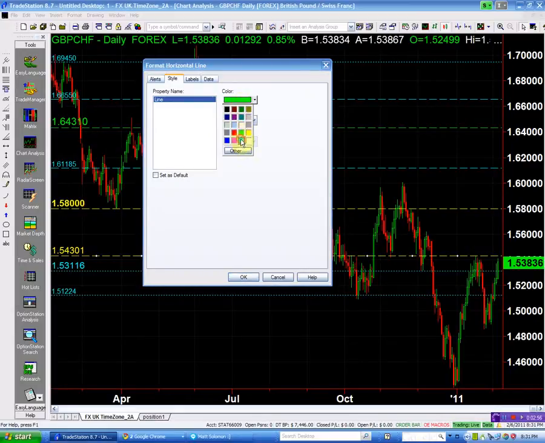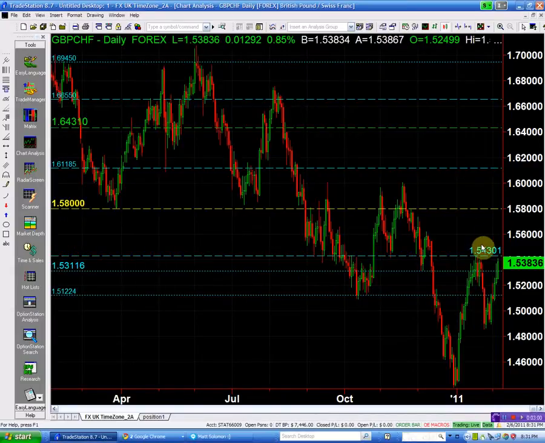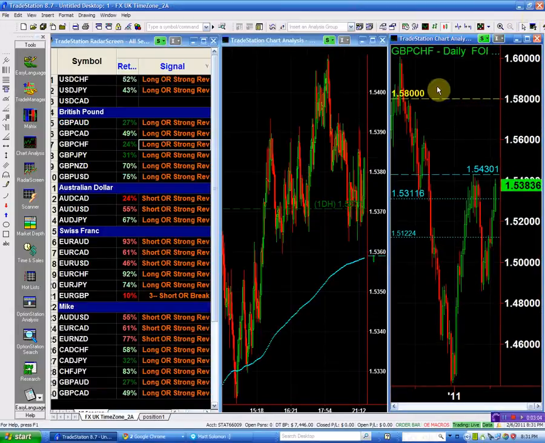This, guys, is going to be a powerful point over here, the 154.30. So we are buying it above. This is what I did, the 154.30.